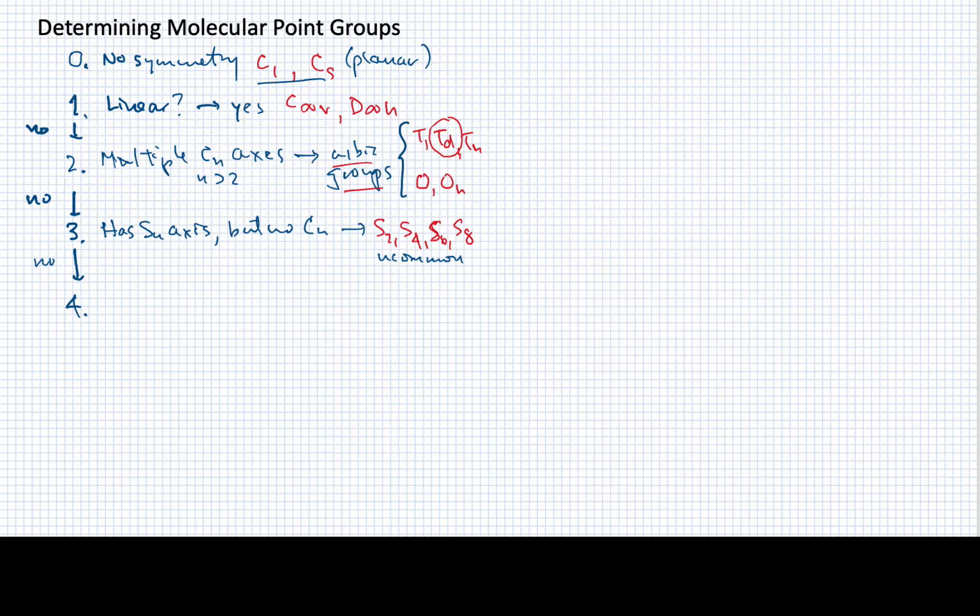And so now we're getting into the more common grounds that we'll find. And then, does it have a Cn axis? And n can be any number now, 2, 3, 4, 5. Okay, and in particular one that is not derived from Sn.